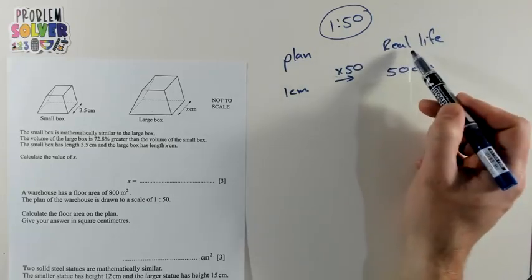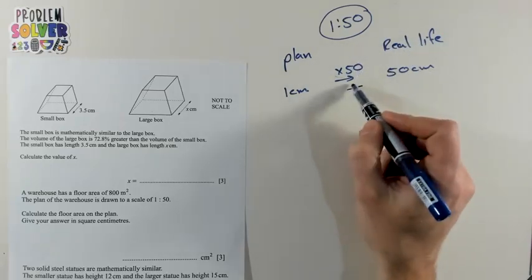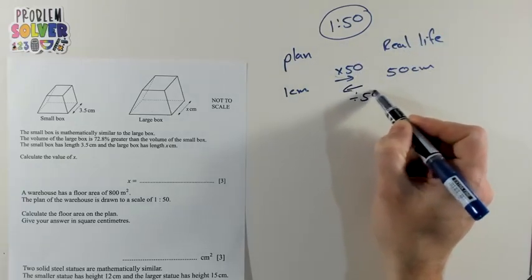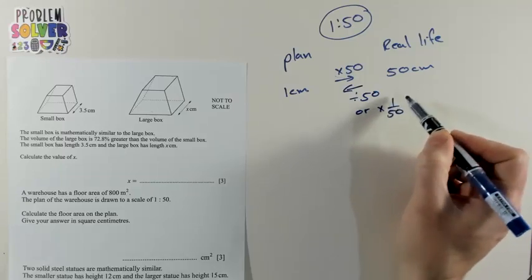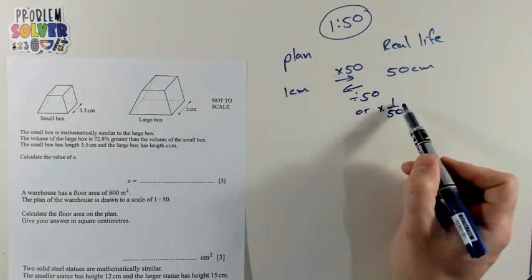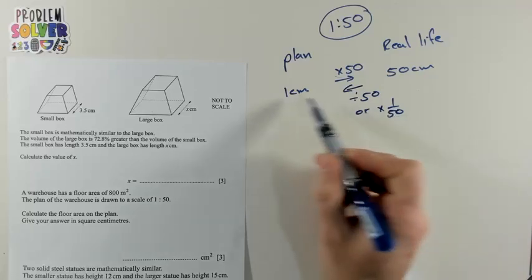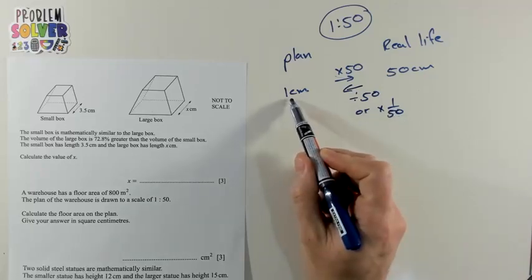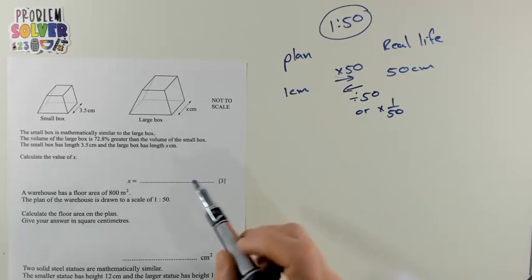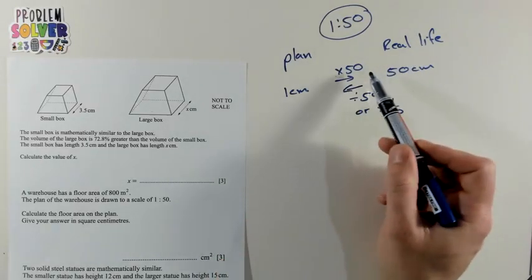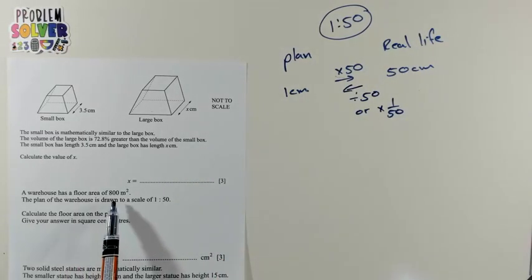And in real life, if I go the other way, I'm going to have to divide by 50, or I can multiply by the reciprocal. So anything in real life is going to be multiplied by 1 over 50 to get to the plan lengths. Now, on a plan, we usually work with lengths, and here they're talking about 800 square meters.